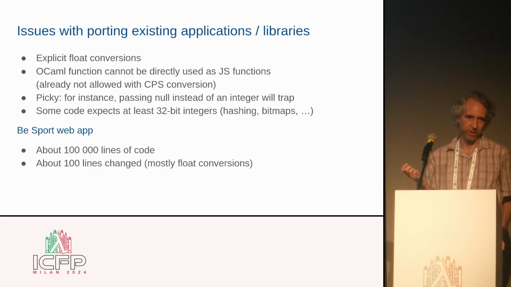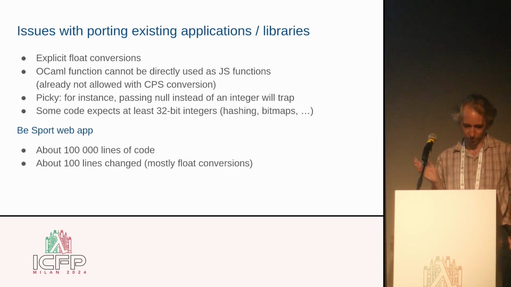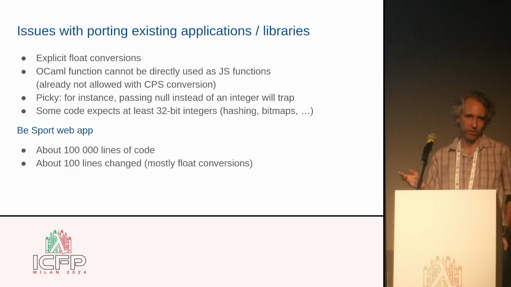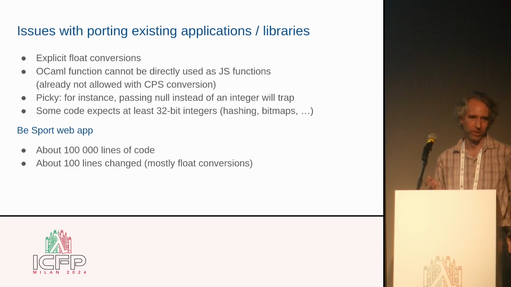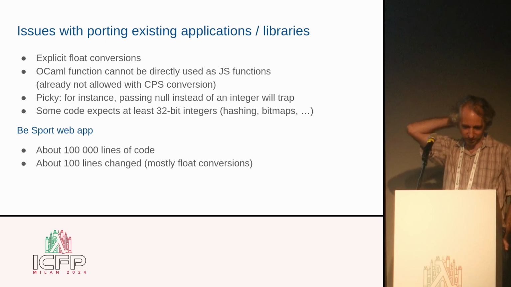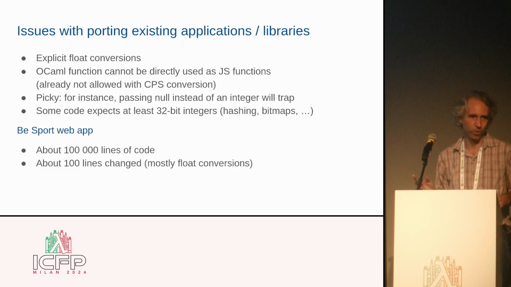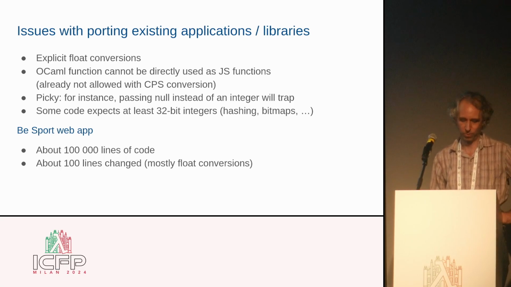And Wasm OCaml is a bit more picky, because if you pass a null when an integer is expected, usually the program is going to trap. And also, there is some code that expects at least 32-bit integers that has to be changed.